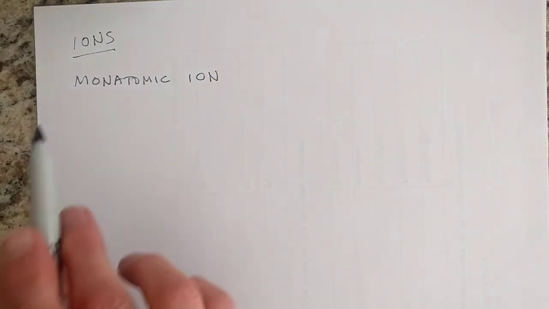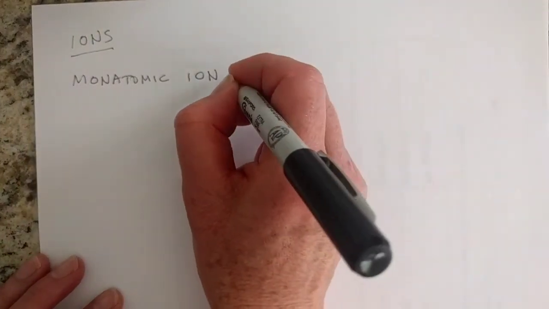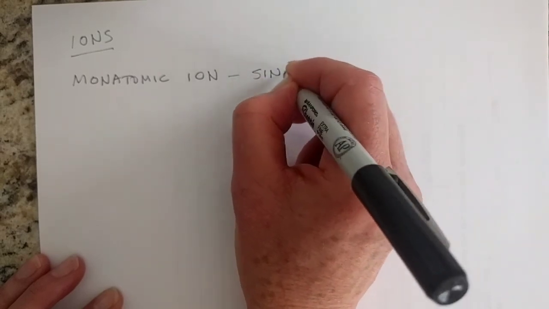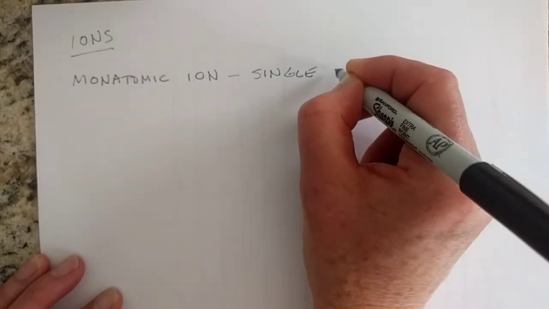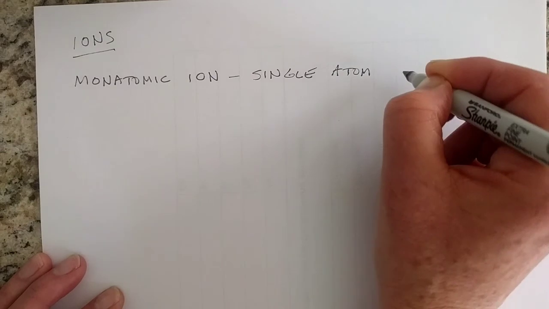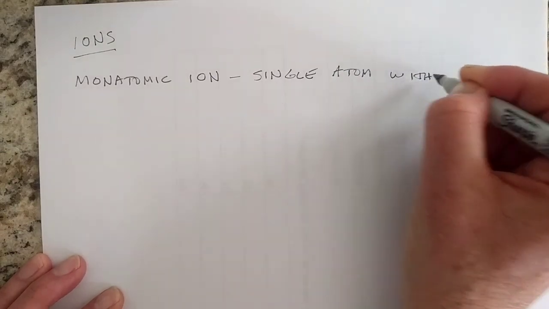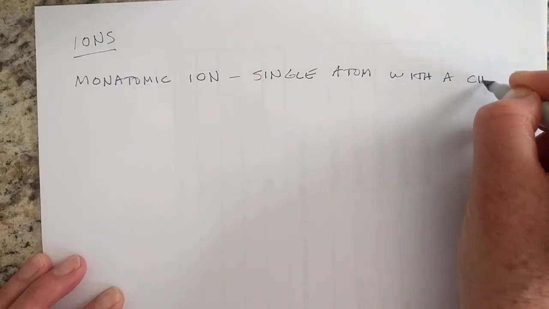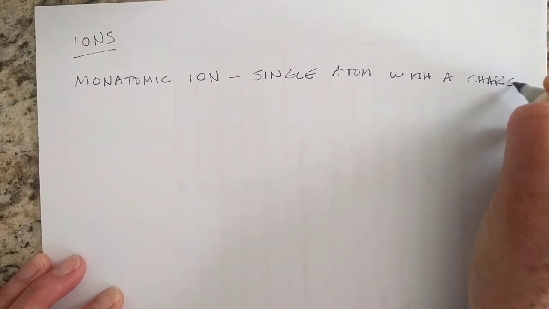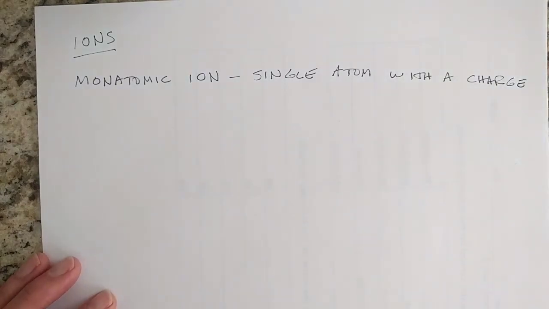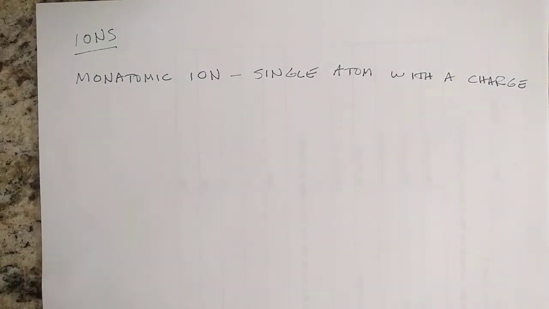A monatomic ion is a single atom with a charge. Ions are not neutral, they have a charge, and they can be positive or negative.